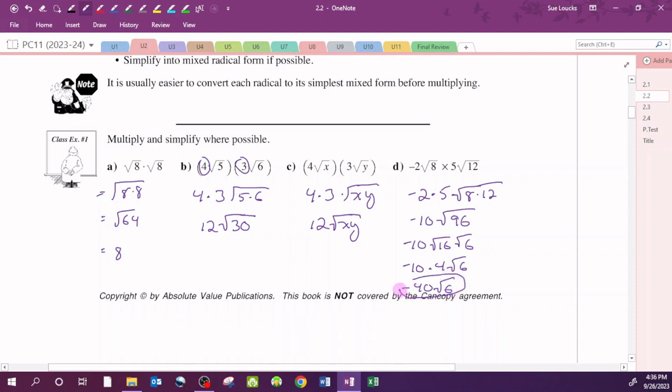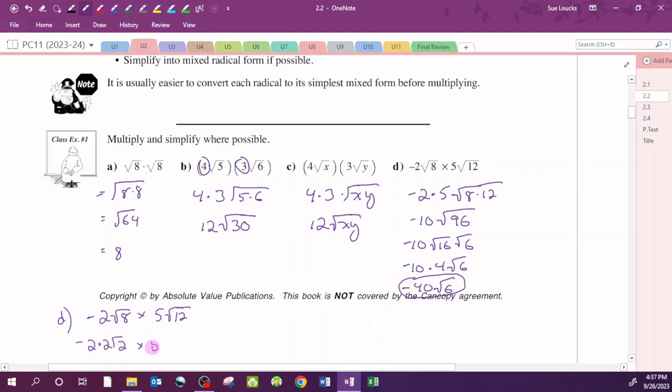There's my simplified version. Now, there's another way you can do D, and that is to simplify these pieces first. So I've got negative 2 root 8 times 5 root 12. And I can simplify root 8 to 2 root 2. So that's negative 2 times 2 root 2.